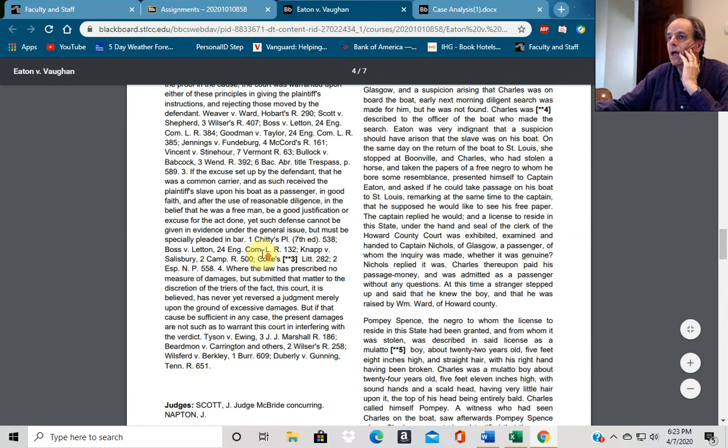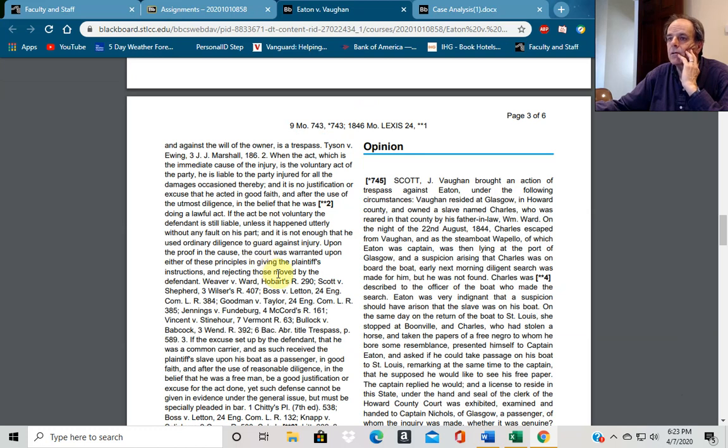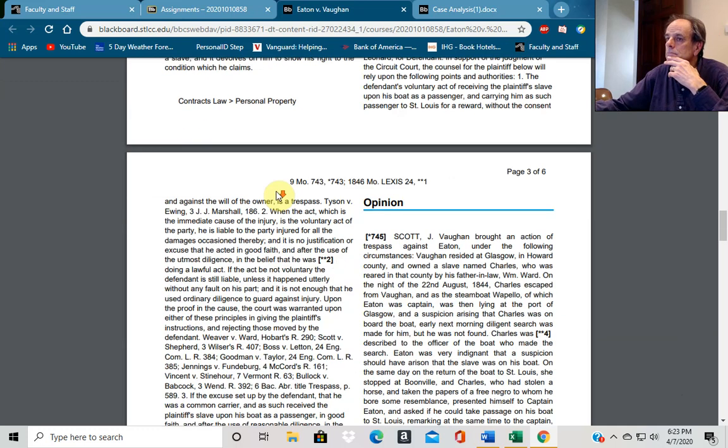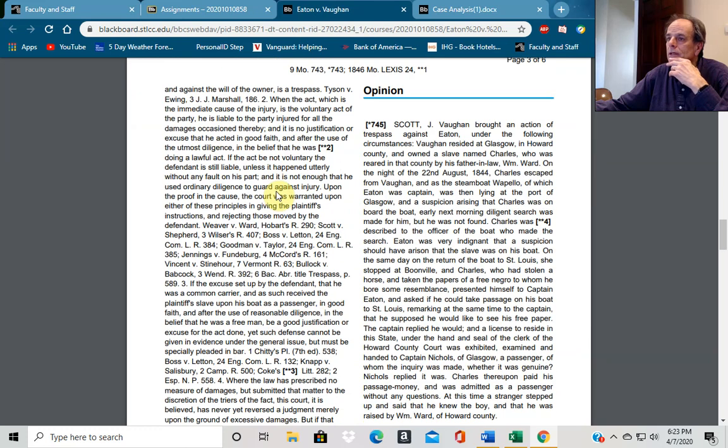You can go back up. Is it Tyson? I'm not sure. Yeah, here's Tyson versus Ewing, utilized by this court, and it looks like maybe John Marshall might have written that opinion. I'm not dead positive. These citations are really old.